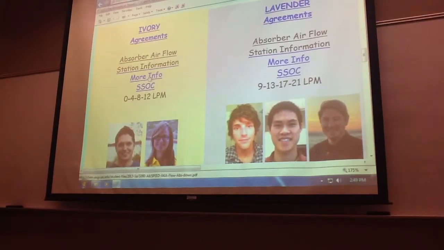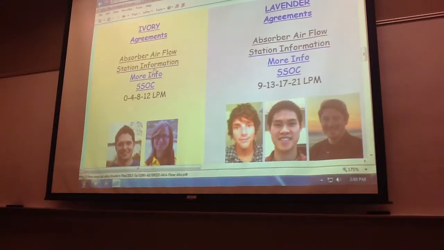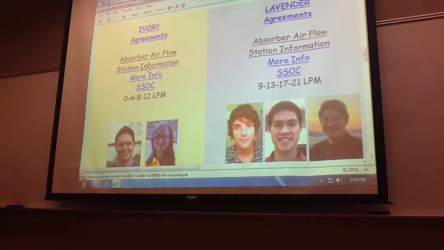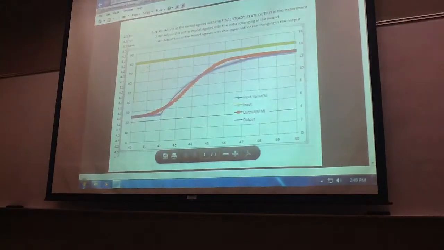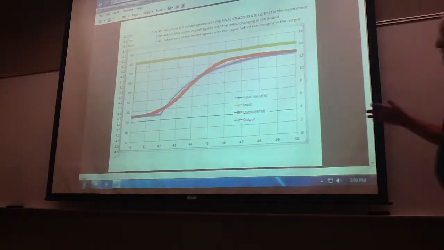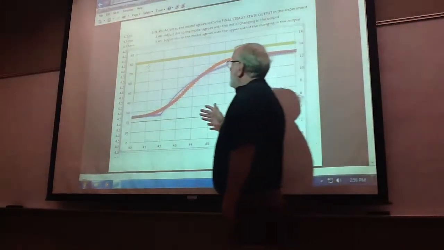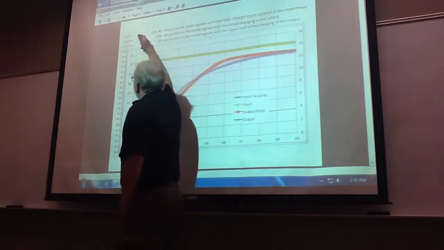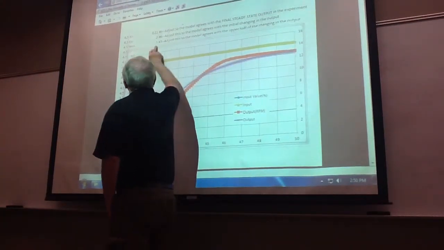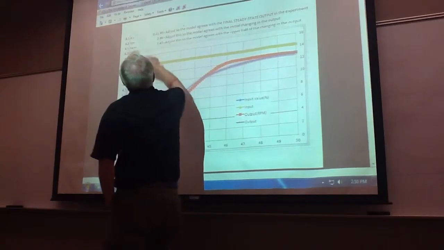Let's take ivory for an example. Would that be okay if I use ivory for an example? Yeah, sure. You click on the absorber airflow station information. You click on the station information, and there is a model that tells you what K tau and KT naught tau are. What's that? 2?